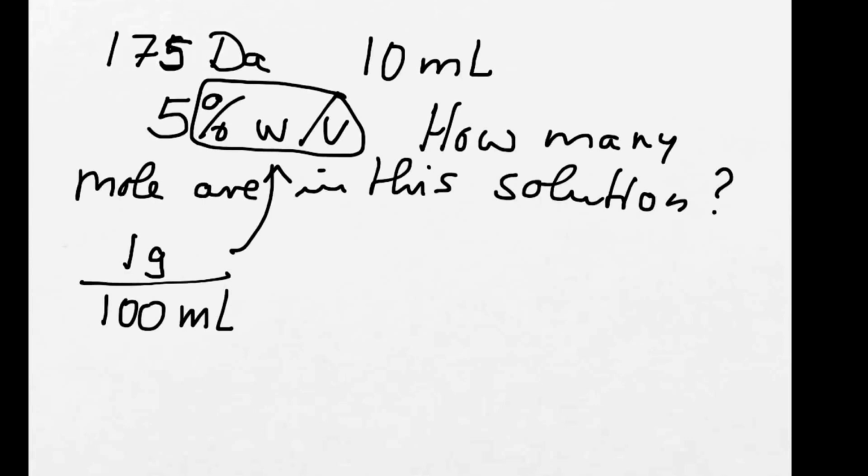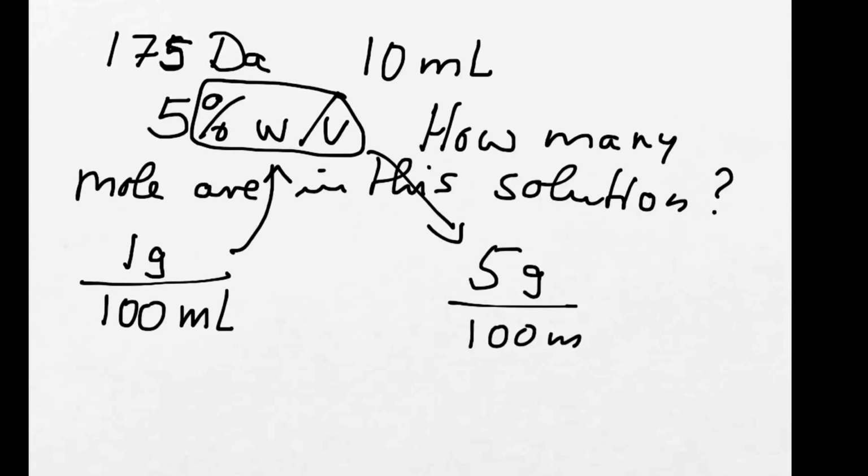So a 5% solution is, so here we have how many? 5 gram per 100 milliliter. 10% solution, 10 gram per 100 milliliter. 100% solution, 100 gram per 100 milliliter. Yeah?